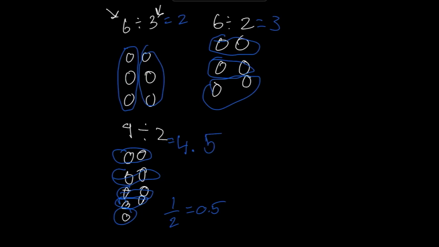I'll do one more quick example of this. I'll do 10 divided by 3. So I'm going to draw 10 circles, and then I'm going to make them in groups of 3.